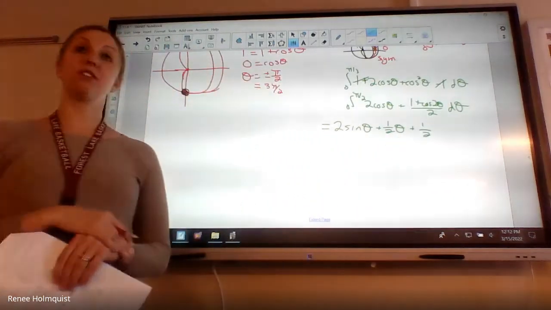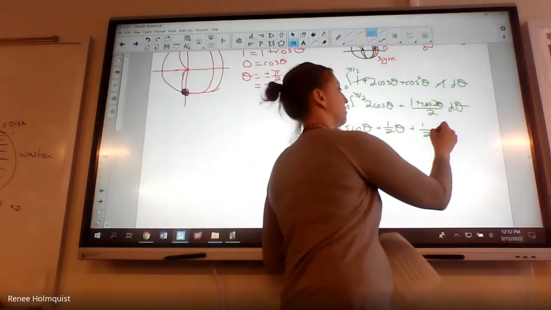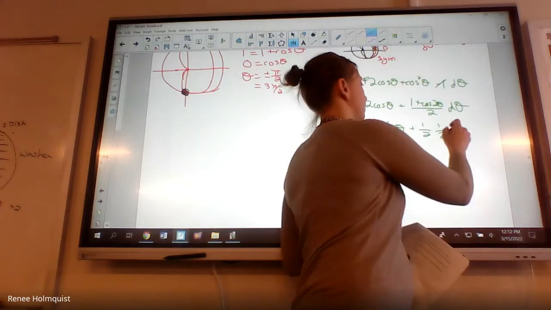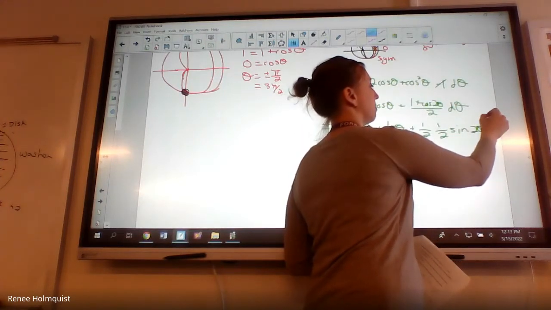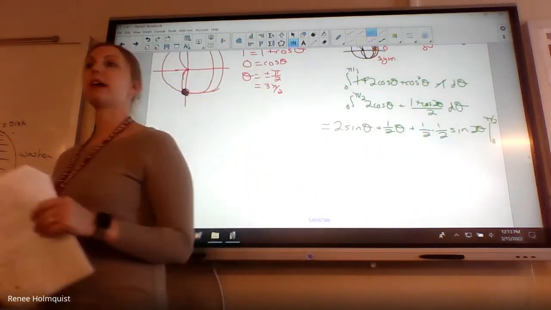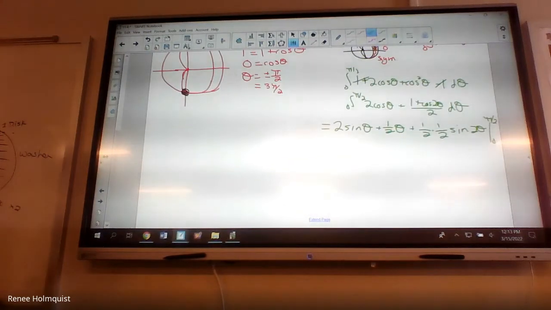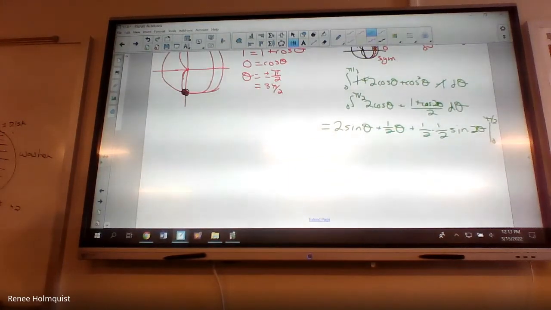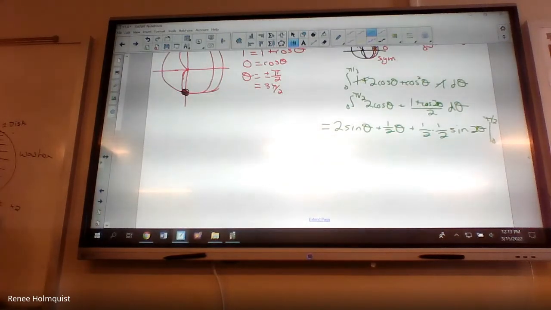I would have another half because it'd be u substitution for that 2 theta. And then sine of 2 theta, 0 to pi over 2. So technically cosine of 2 theta would be a u substitution: u equals 2 theta, du equals 2 d theta, and move the 2 over, so there's a half.